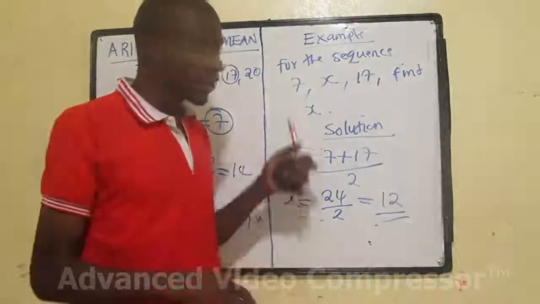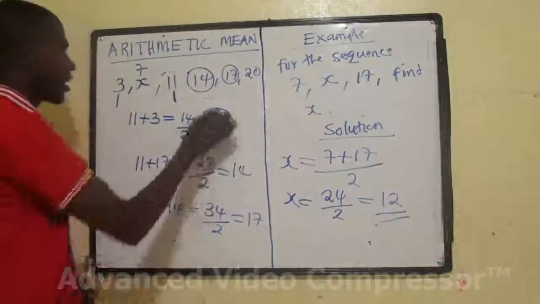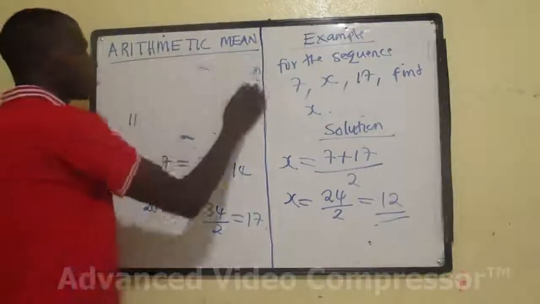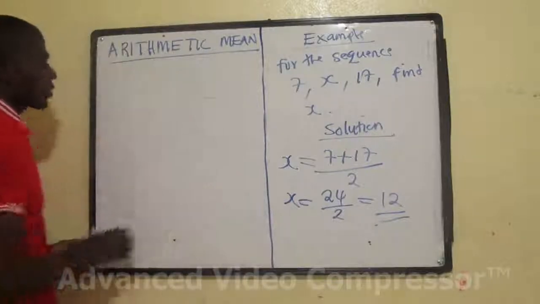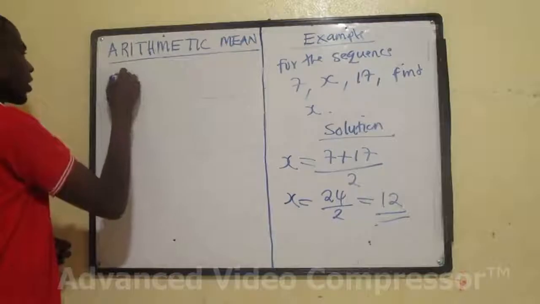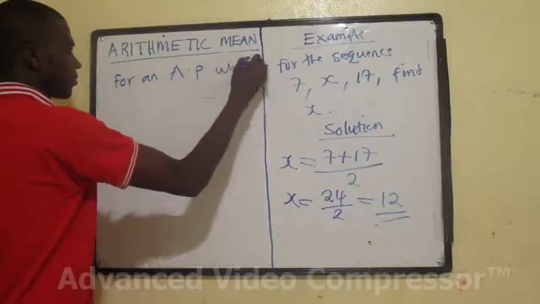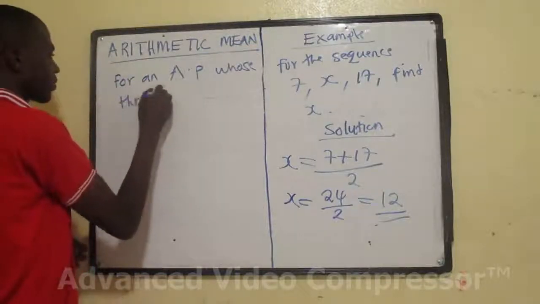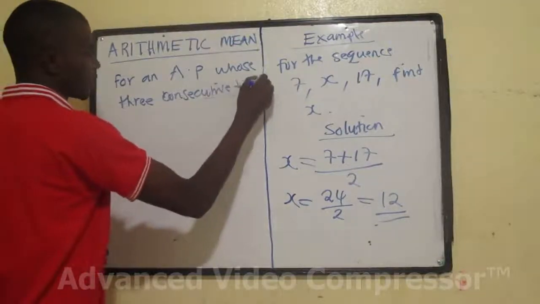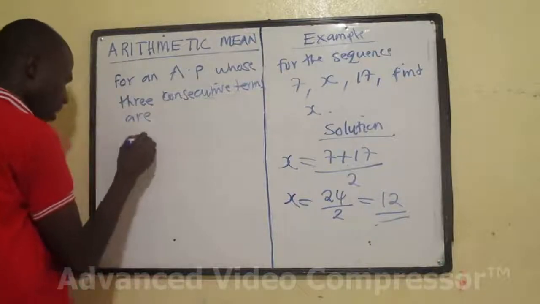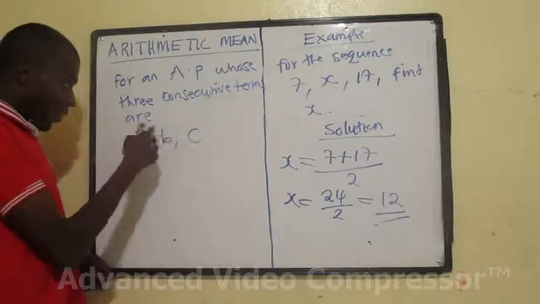So I am very sure we know how to find the arithmetic mean. In general, we can derive a formula which we are going to be using. For an AP whose 3 consecutive terms are A, B, C, how do we find B?